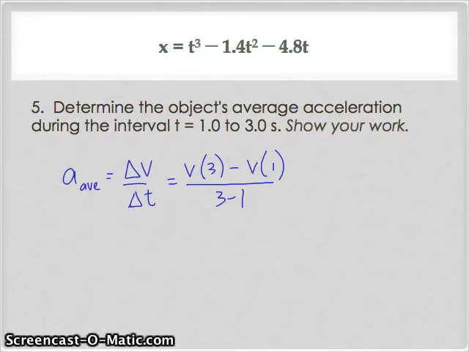So we would use this new equation that we have just found for velocity, and plug in our 3 seconds and 1 second. The difference between those would be our delta v. And then, just as we did in an earlier question, we divide by the change in time, which would be 3 minus 1, or 2.